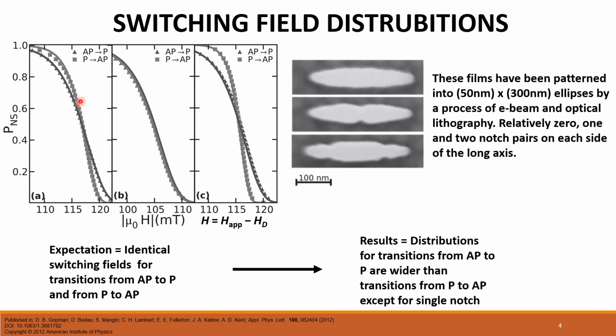The curves intersect at 50% probability, which is by definition of the average dipole field. Magnetization reversal takes place in a wide range of magnetic field for transitions from AP to P, and the difference in width implies asymmetric switching behavior.